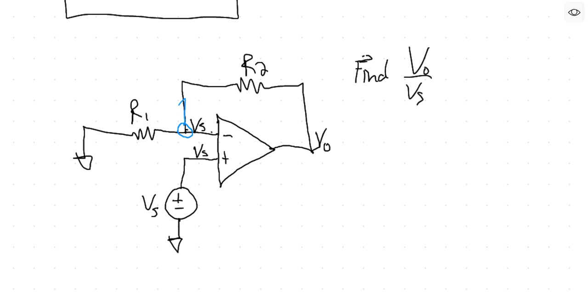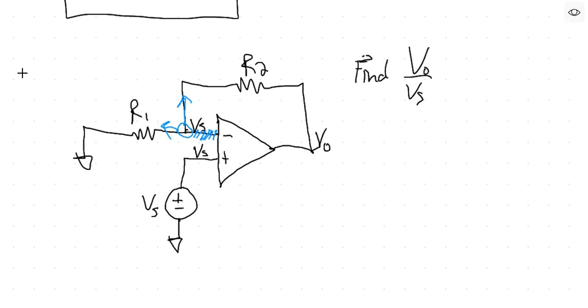We'll assume current is going that way, and current is going that way, and this is just to create our equation. And then we know, because of our assumption, that current will not be going into the op amp, right? So I'm just going to put hash marks there so that you don't forget that.